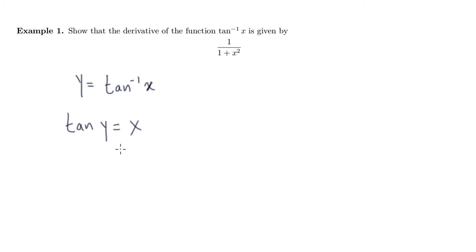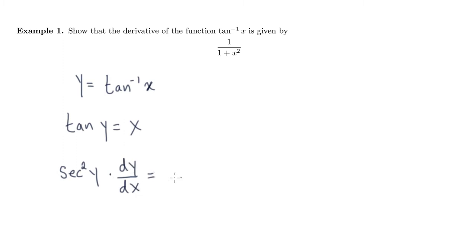So we're in a situation where we can do the same thing we did for the natural logarithm, what we did for cosine inverse, which is basically rederive the inverse function formula. So we just implicitly differentiate this expression. The derivative of tangent is secant squared. But because we're differentiating with respect to x, we have to multiply by the rate of change of y with respect to x.